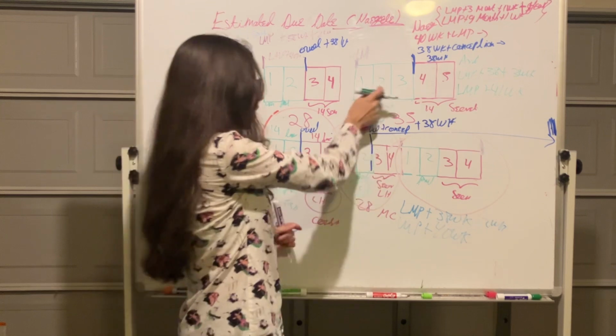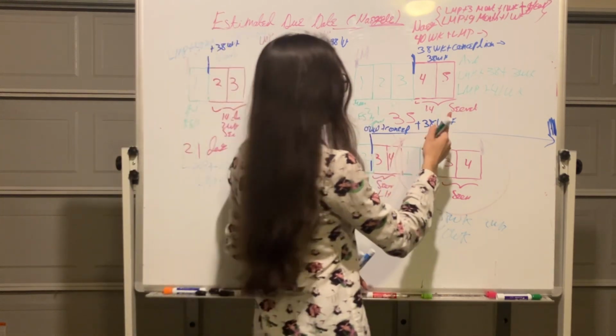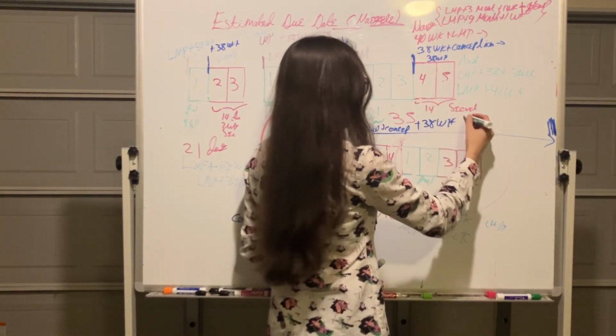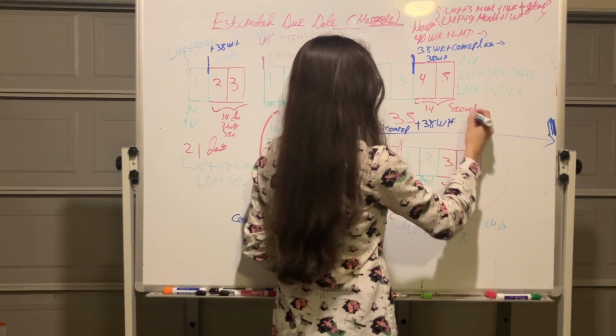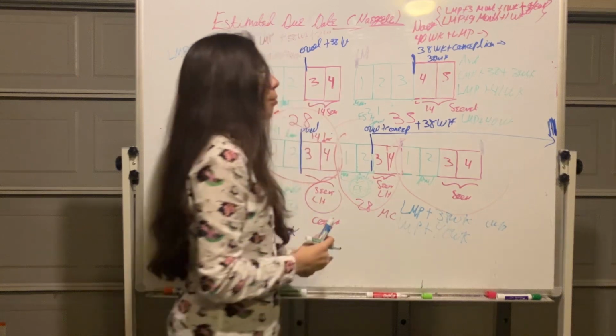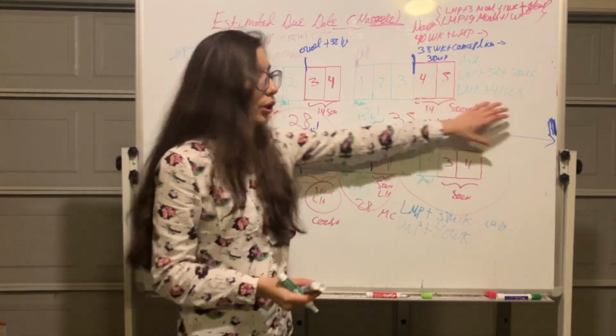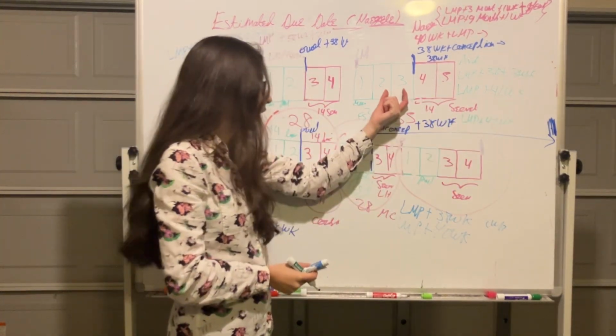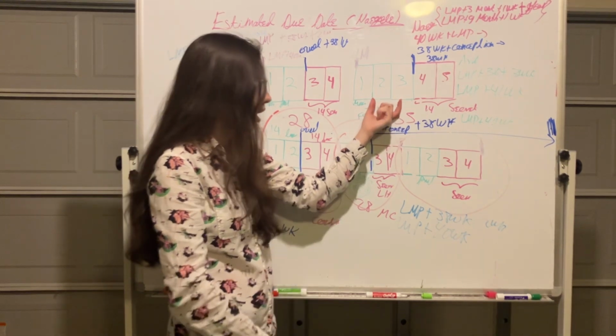So if in this case we apply Naegele's rule, we would say the due date would be last menstrual period plus 40 weeks. But indeed it's 41 weeks, because we have an extra week of proliferative phase.